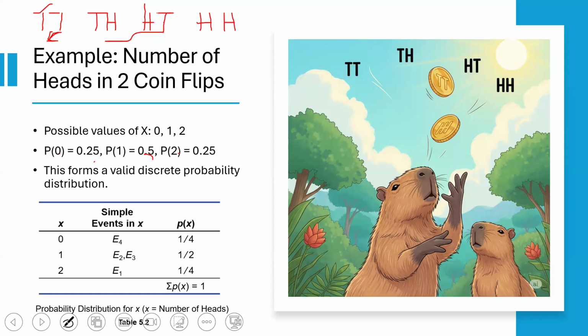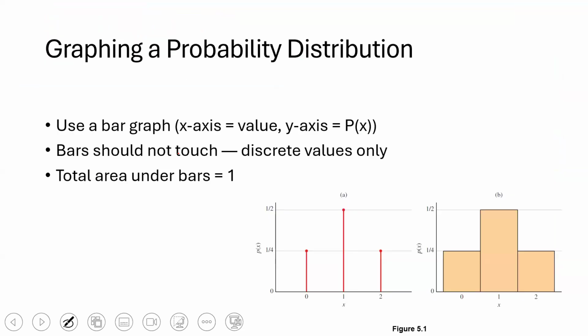So we got the probability distribution there. We can also graph a discrete probability distribution. The x-axis shows the possible values of the random variable, like 0, 1, 2 heads. And the y-axis shows the probability of each. So we have our heads 0, 1, and 2, and the probabilities 0.25, 0.5, and 0.25.